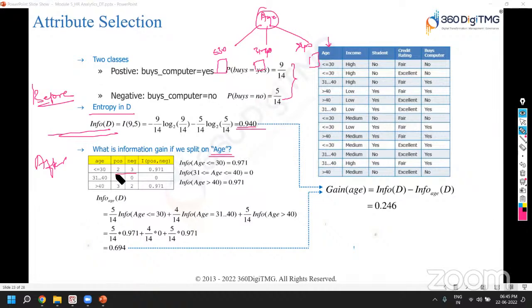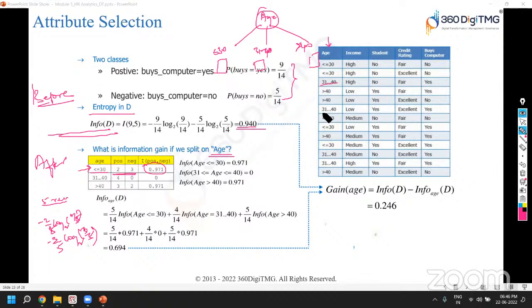So out of that, if you actually work on this particular 5 records data set, you will say minus 2/5 log base 2 of 2/5 minus 3/5 log base 2 of 3/5. That's your calculation of entropy for the age less than or equal to 30 case.